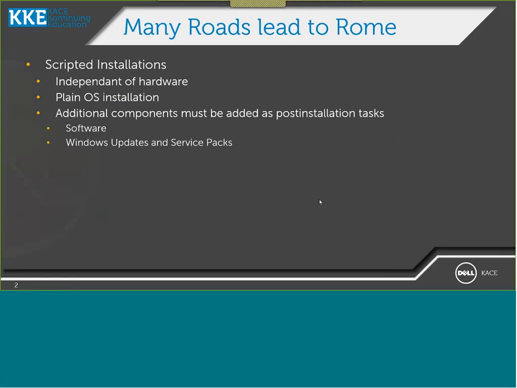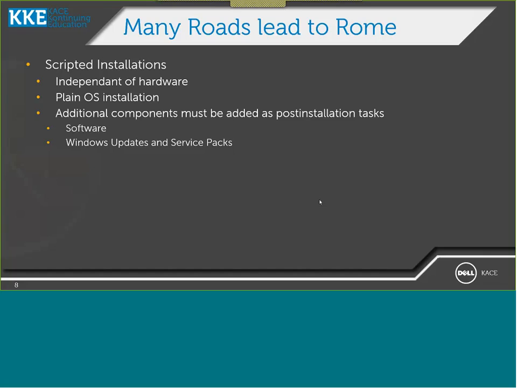So we have a lot of different ways to install or deploy an operating system, prepare a machine. In the K1000, we can use scripted installations. The advantage of that is it's independent of hardware. It's a plain OS installation, so it basically works on any Windows compatible hardware. There are no driver issues, no hardware incompatibilities typically. So it's a fairly standard way, and doesn't require much to actually set it up.